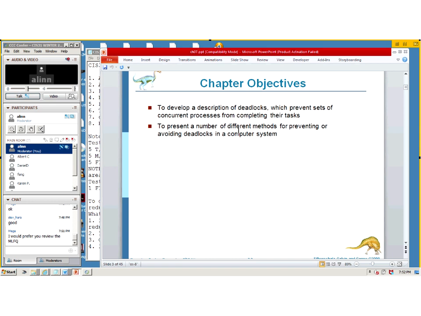So what we look at is how do you prevent a deadlock? If you can't prevent it, how can you avoid a deadlock? If you can't avoid it, how can you detect a deadlock? And then what to do if you do detect it. Those are the steps that we're going to take in this chapter. So prevent, avoid, detect.